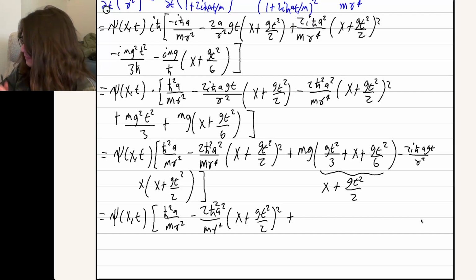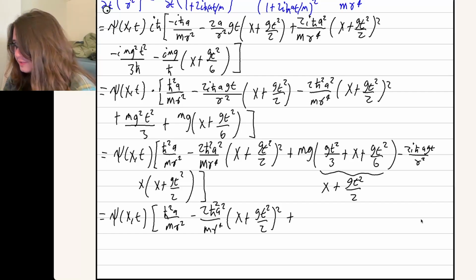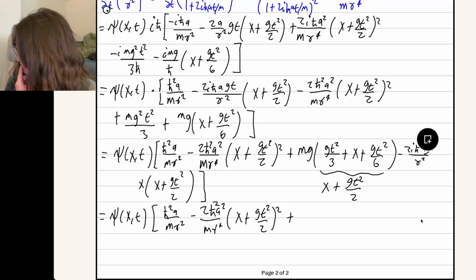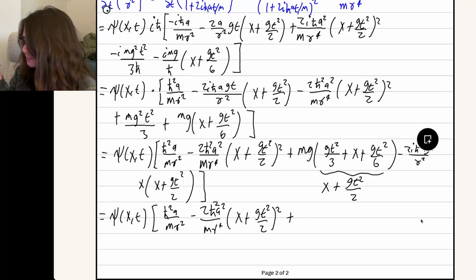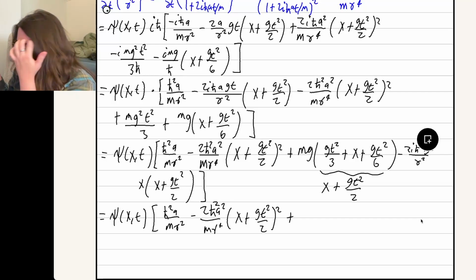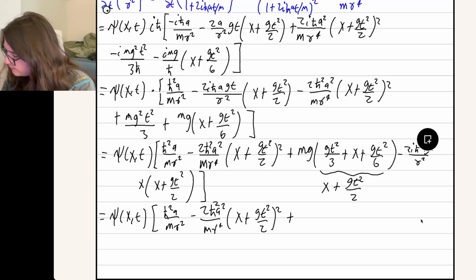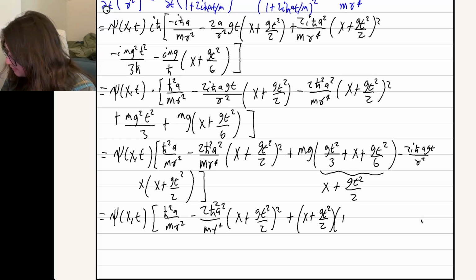So both this crazy 2i h bar a g t term and this m g term have the x plus g t squared over 2 term multiplying them. So we have x plus g t squared over 2 times m g minus 2i h bar a g t over gamma squared.